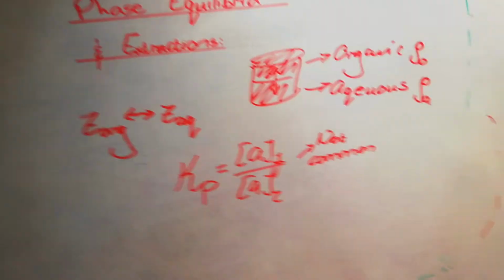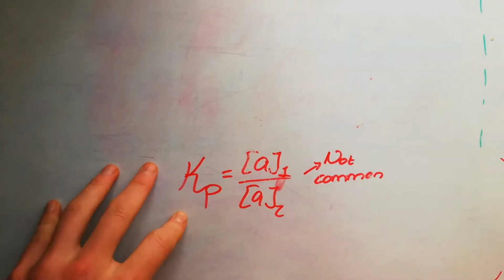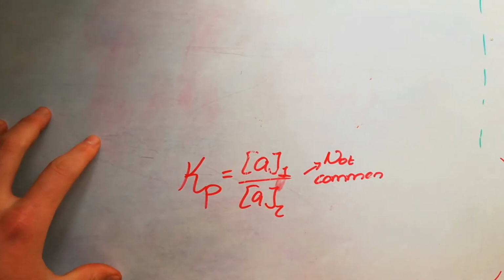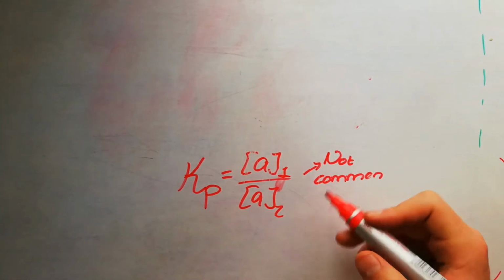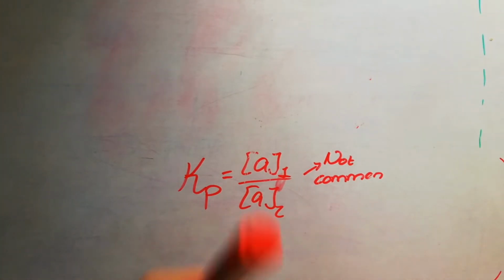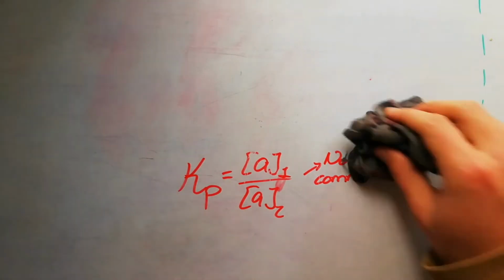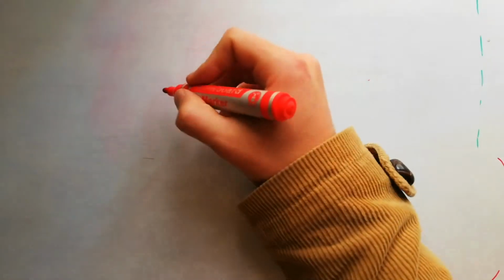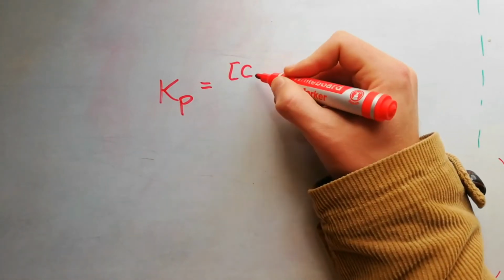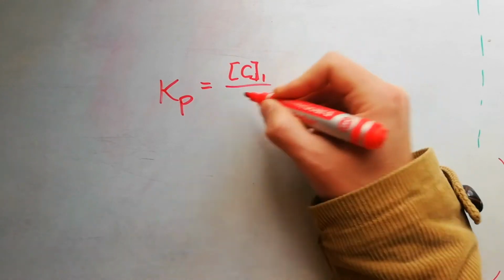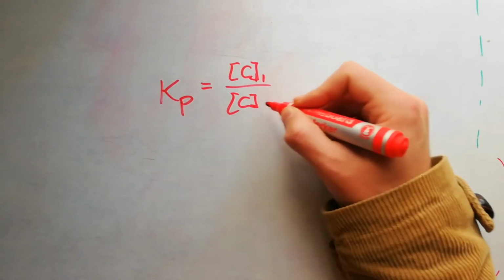Okay, so we're back and we have our partition coefficient that tells us how much is going to our organic phase and how much is going to our aqueous phase. However, we said this is not common because activities are hard to get. So instead we can simplify this to a partition coefficient, also a K, but not so fancy. That is basically just the concentration of our organic phase over the concentration of our aqueous phase.